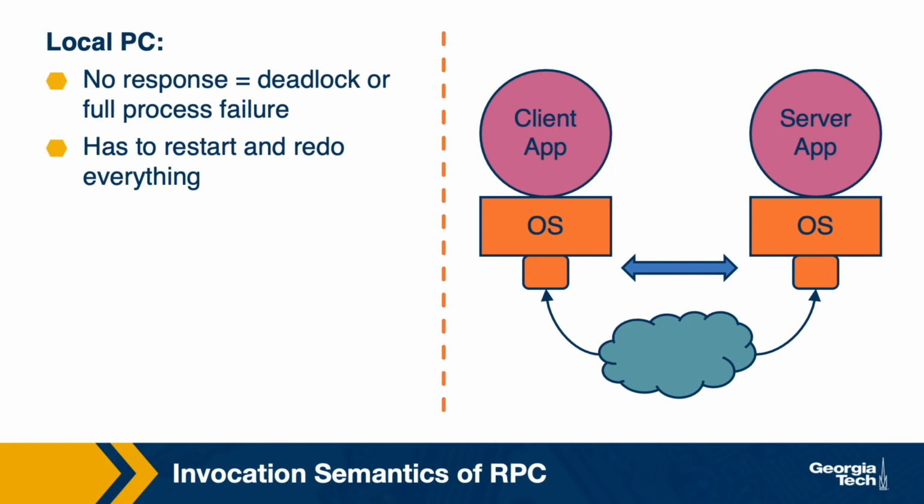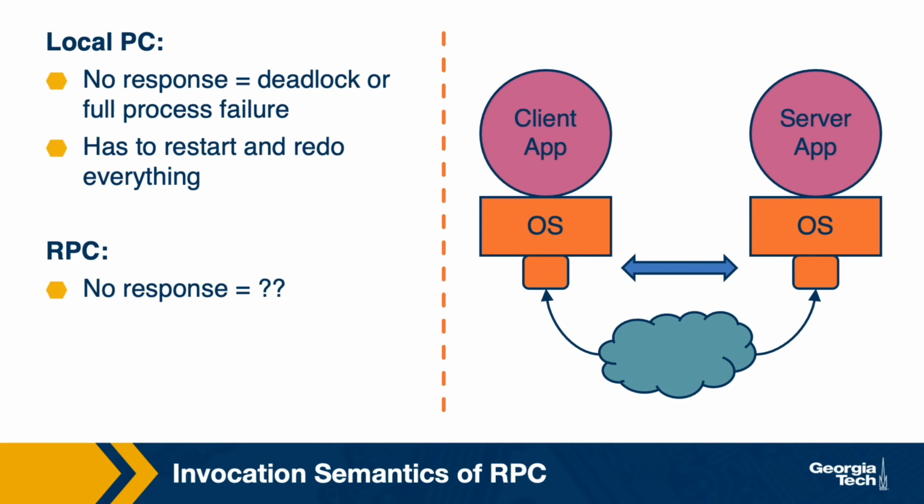Or, in the case of local procedure calls, we always have a way to know for sure whether or not there was a problem during the execution of the procedure because the caller of the procedure is immediately affected by it. In a distributed system, there are no guarantees that the server will respond. However, not receiving a response doesn't really tell us anything about whether or not the server performed the operation.